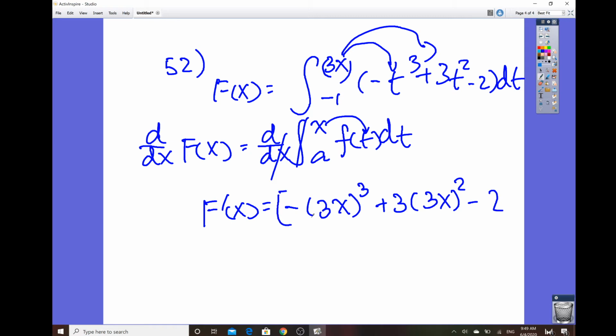And now from here, not only do we need to replace the variable t by 3x, but we also need to apply the chain rule. Because when you take the derivative, you're taking the derivative of the outer function and then the inner function. The inner function for this would be 3x. The derivative of this is 3, so multiply everything by 3. And that will give you f prime of x. So this one is for number 52.